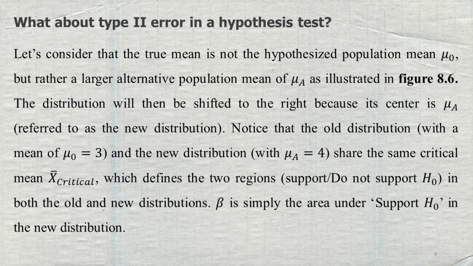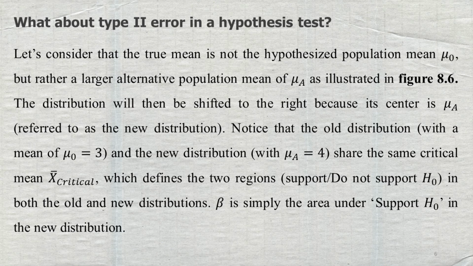What about Type 2 error in a hypothesis test? Let's consider that the true mean is not the hypothesized population mean, mu0, but rather a larger alternative population mean of mu-a, as illustrated in Figure 8.6. The distribution will then be shifted to the right because its center is mu-a, referred to as the new distribution.